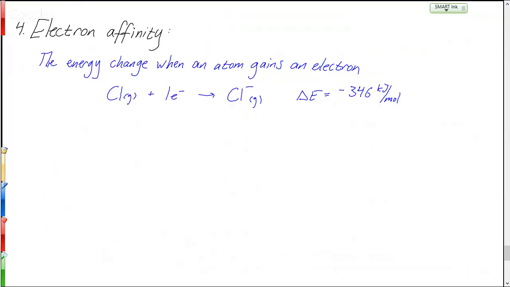Which direction is the energy moving in this reaction? Well, let's use the terms from the energy stuff. Is it exothermic or endothermic? It's exothermic, right? The negative energy means that the chlorine atom is releasing its energy to the surroundings in this process. So this is a process that releases energy.